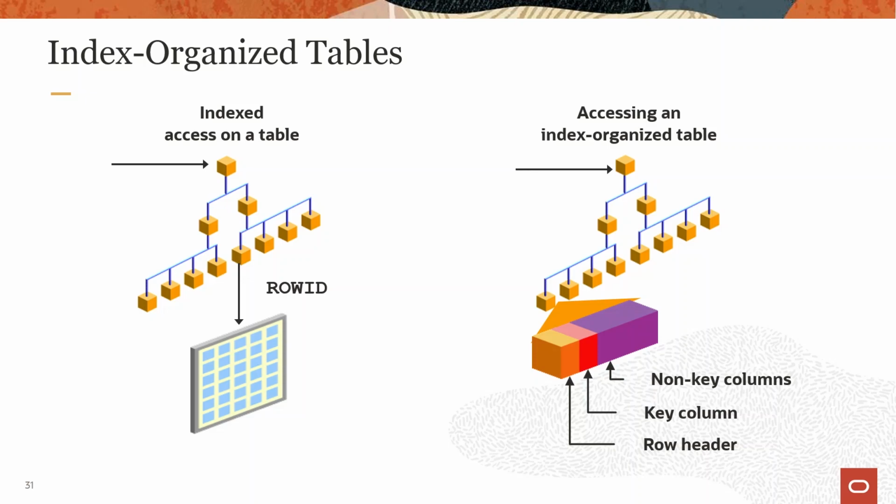Now, index-organized tables provide fast key-based access to table data for queries involving exact match and range searches. Changes to the table data result only in updating the index structure because it's using the index to store the table data. Also, storage requirements are reduced because key columns are not duplicated in the table and in the index.